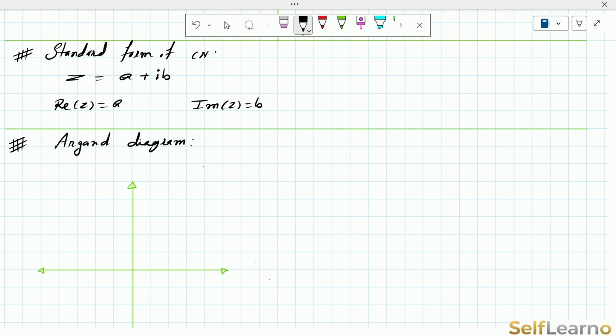Yes. So in this Argand diagram, the horizontal axis is considered as the real axis and the vertical axis is called imaginary axis. See, I'm going to teach you two concepts altogether about Argand diagram, and one very important thing we are going to discuss over here is modulus of complex number.